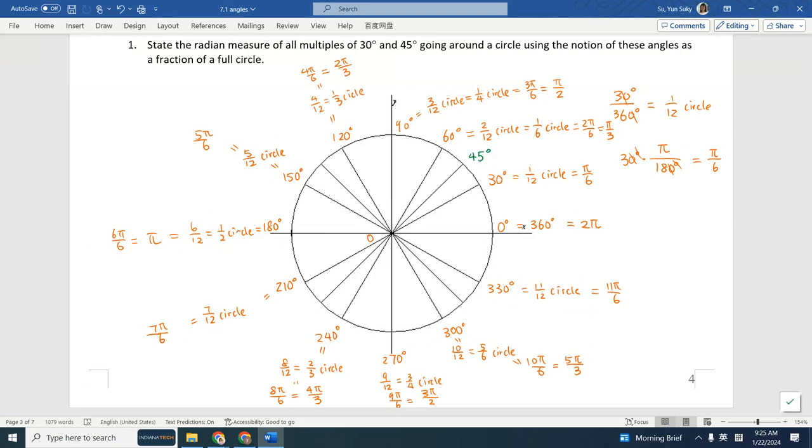And this is 1 copy. The 2 copies of 45 degrees is what? 90. Yeah.